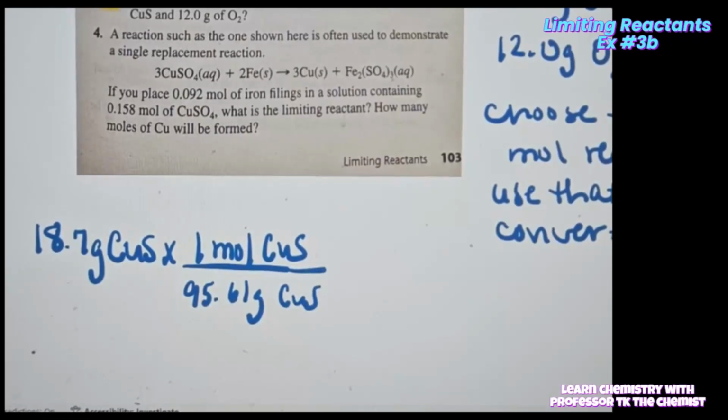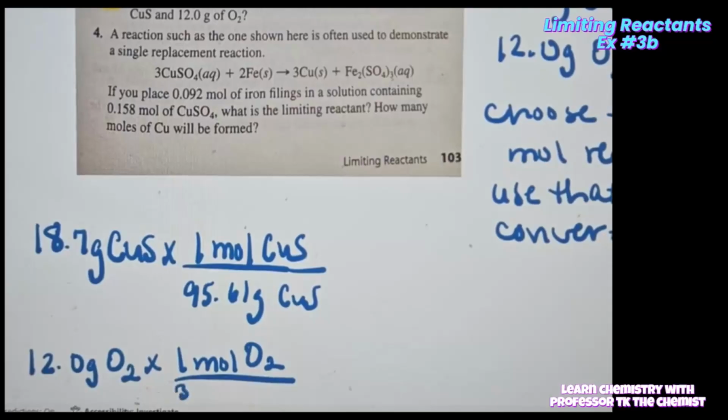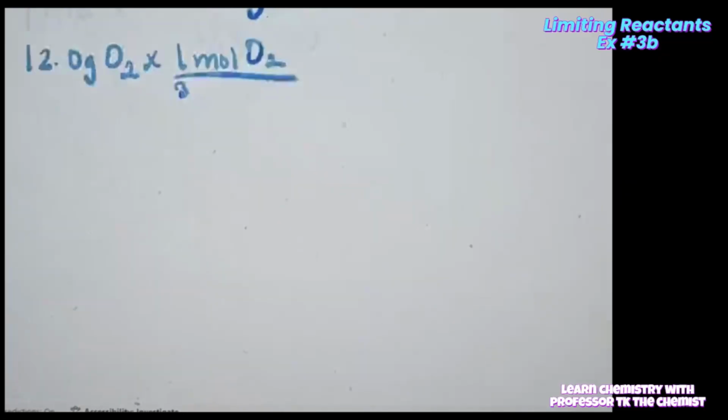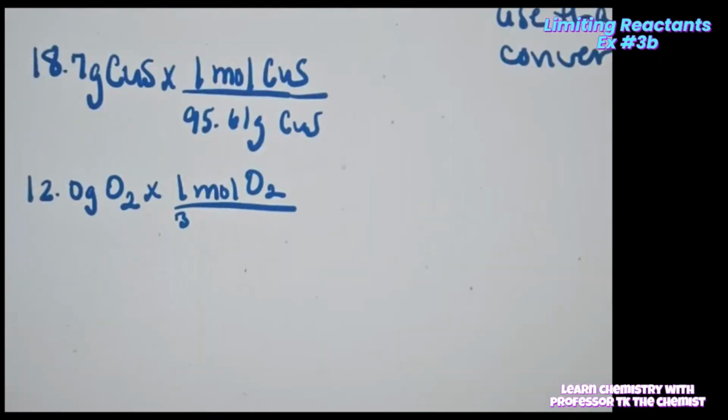And you're going to do the same thing for oxygen. You've got 12.0 grams of oxygen times 1 mole of oxygen divided by 32 grams.